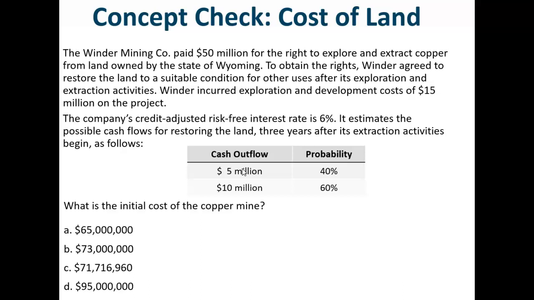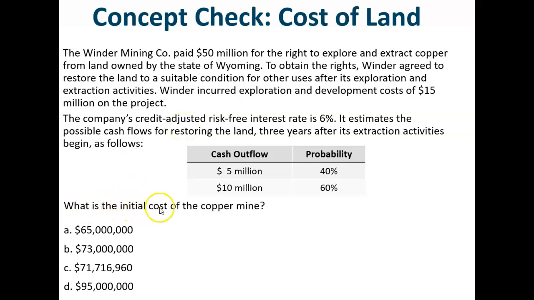It estimates the possible cash flows for restoring the land 3 years after extraction activities begin to be a 40% probability that $5 million will be paid for the restoration costs, and a 60% probability that $10 million will be paid for the restoration costs.